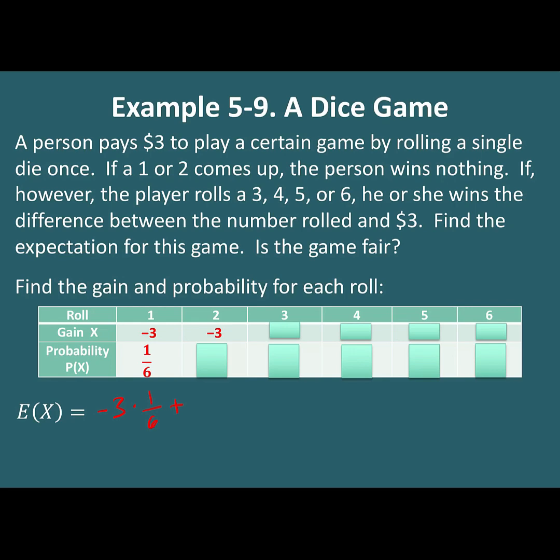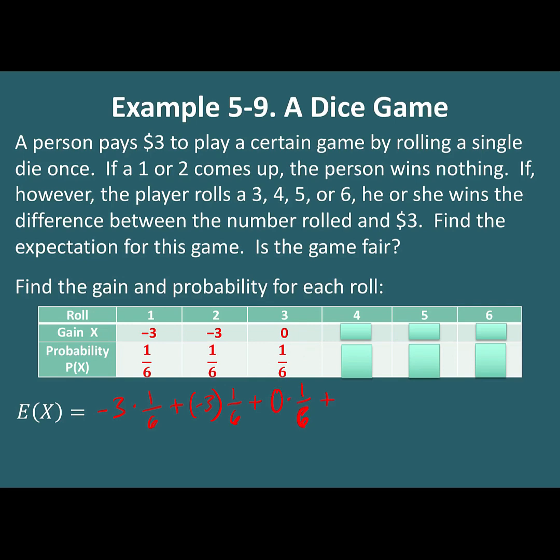And again, the probability of rolling a 2 is 1 out of 6. Now, however, if they roll a 3, they win the difference between that number and the $3, which in this case, 3 minus 3 is $0. And the probability of rolling a 3 is 1 out of 6.